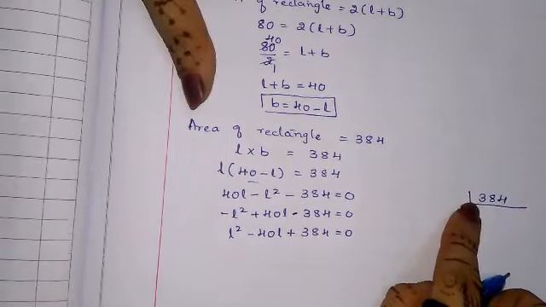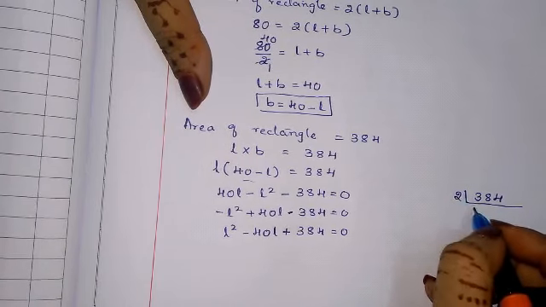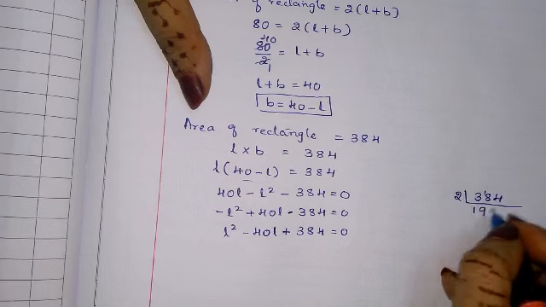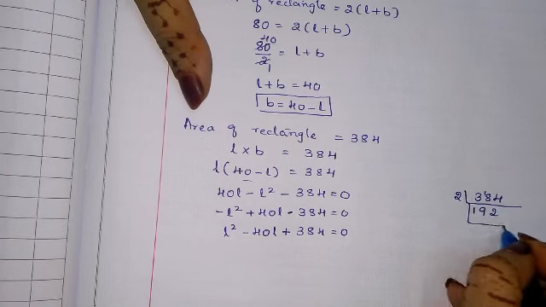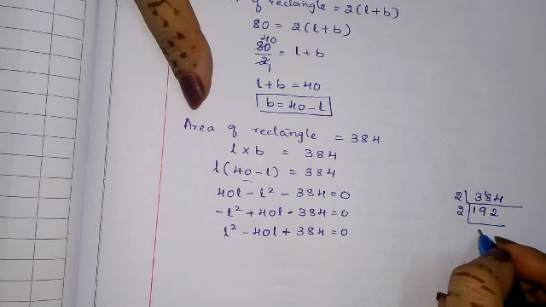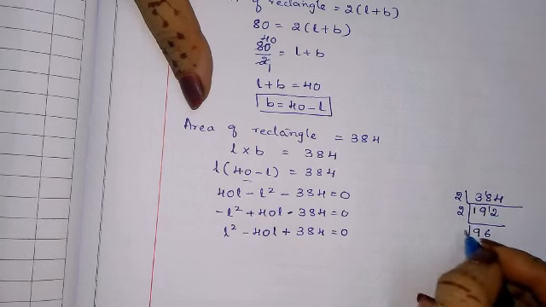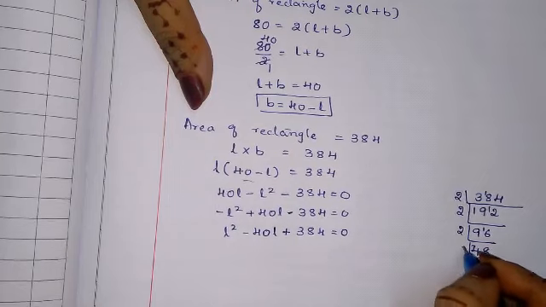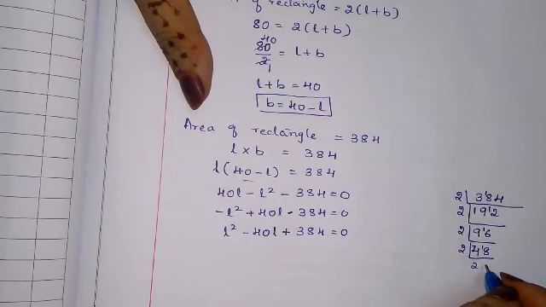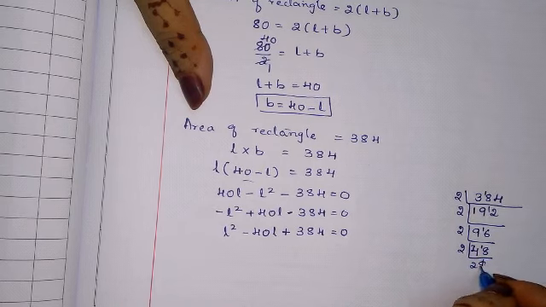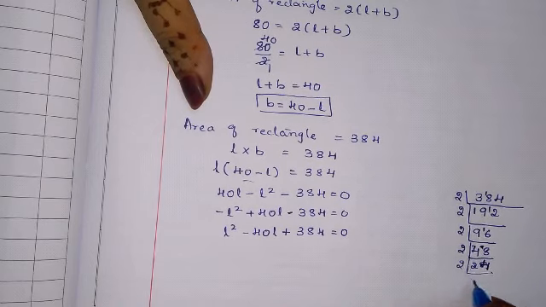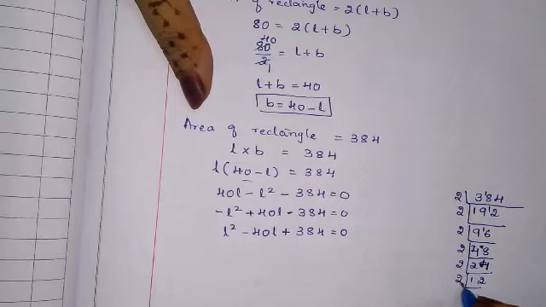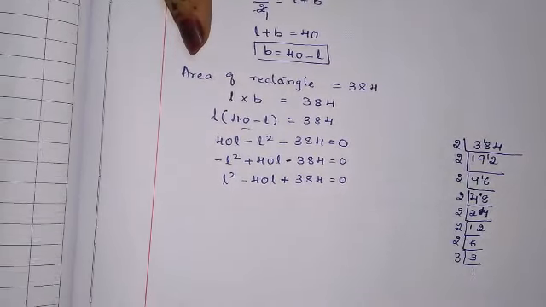So let us find the factors of 384. 2 ones are 2, 2 twos are 4, 2 eights are 16, 2 sixes are 12, 2 threes are 6, 2 fours are 8, 3 ones are 3. Okay, these are the factors of 384.